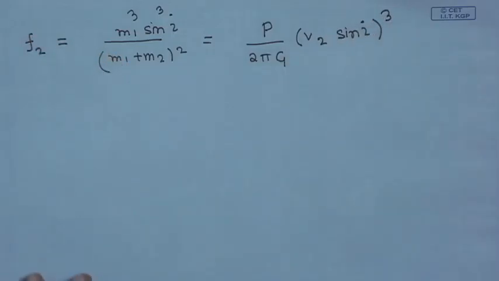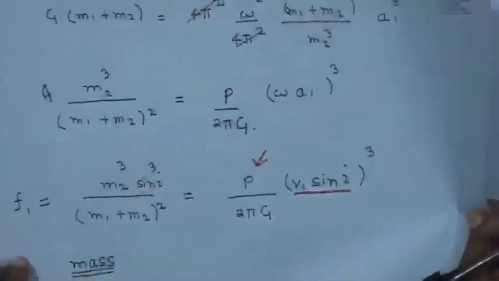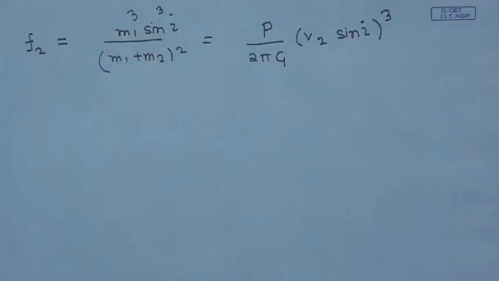So, from observations we can determine two quantities, the two mass functions, the mass function of the first object and the mass function of the second object.